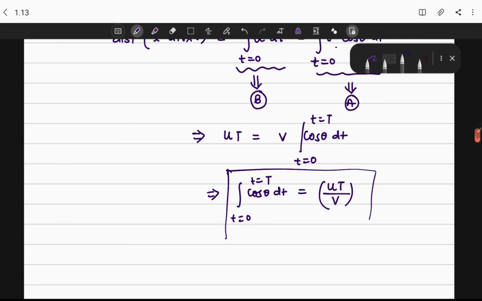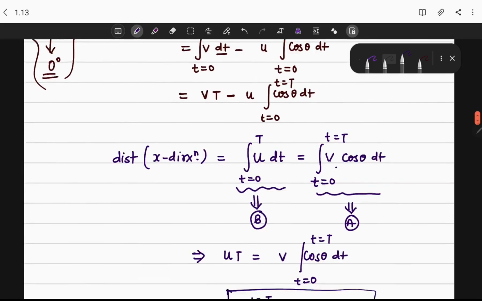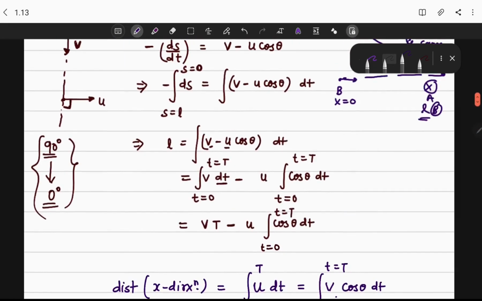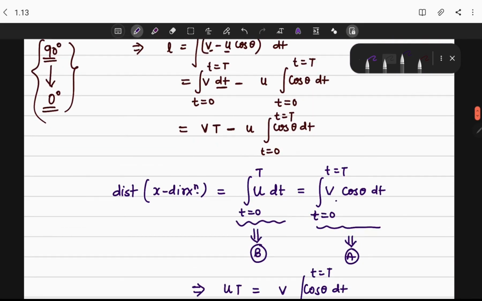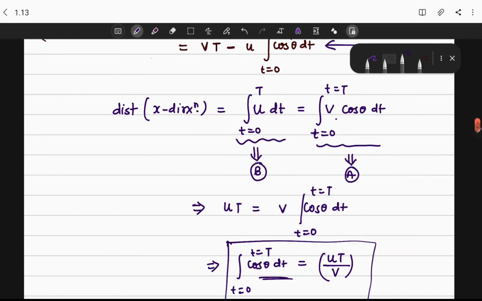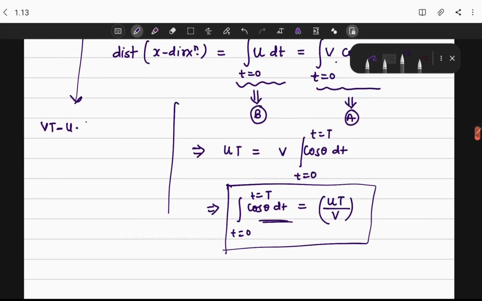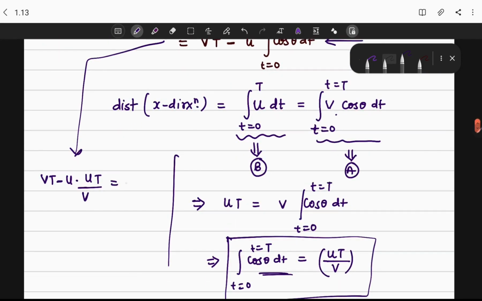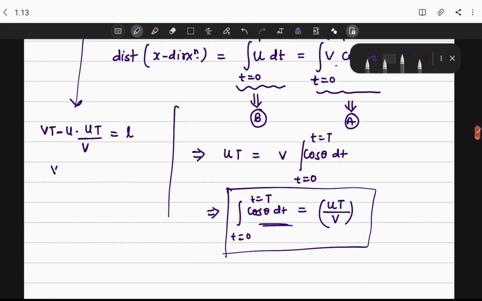This is the expression we got, and if we substitute the value of the integral of cos theta dt in this particular equation, we get vT minus u times (uT divided by v) is equal to L. So from here if we solve this, we get (v square minus u square) times T divided by v is equal to L. From here we get T is equal to vL divided by (v square minus u square).